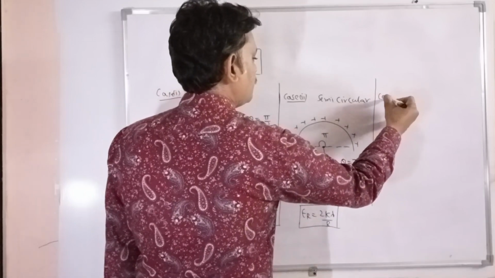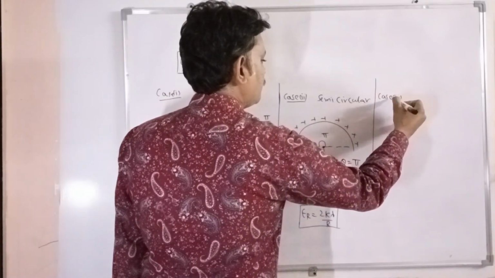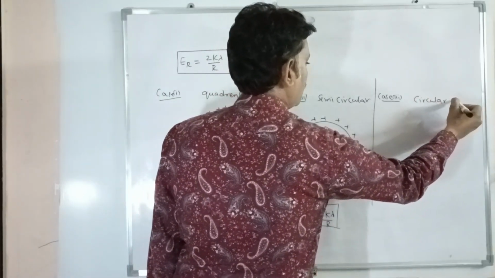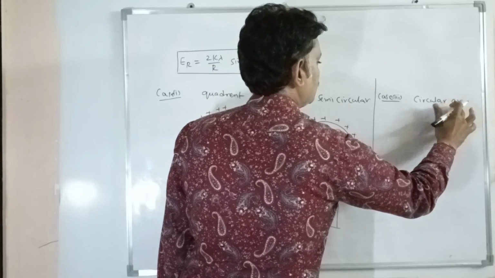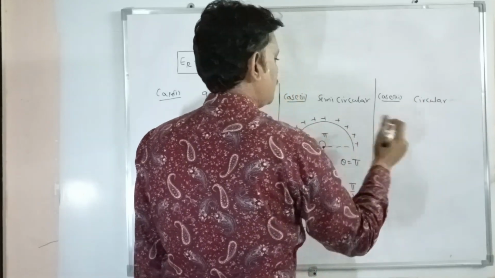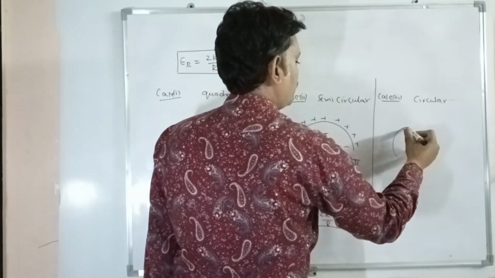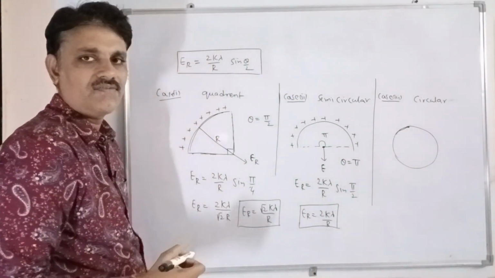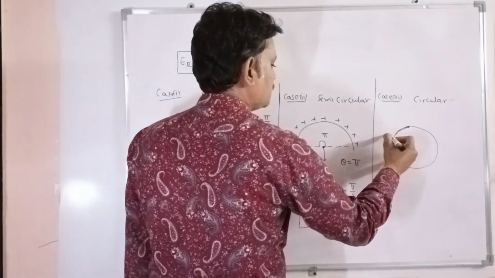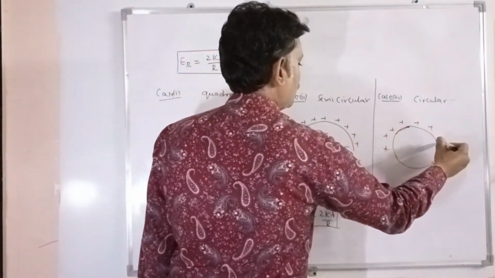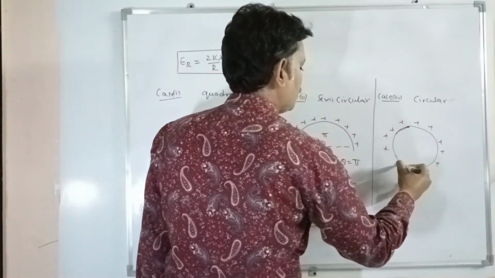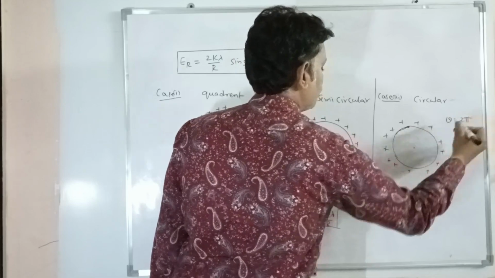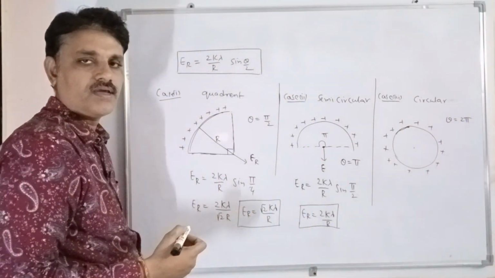And next, case 3. Suppose a circular arc that is a complete circle having positive charge. In this case we know a circle makes an angle 2 pi at the center, so theta is 2 pi.